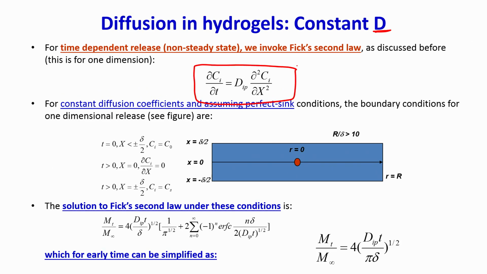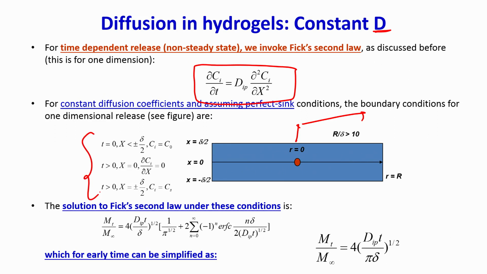If the diffusion coefficient is constant and we assume that whatever drug comes out is immediately carried away, then we can define the boundary conditions as defined here.